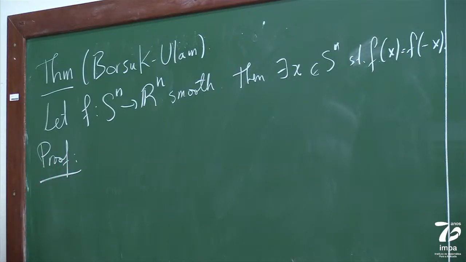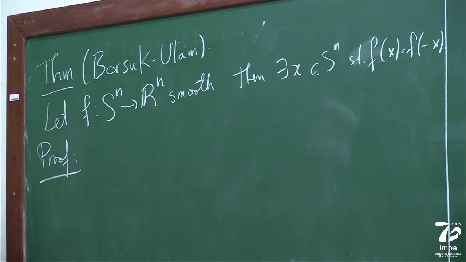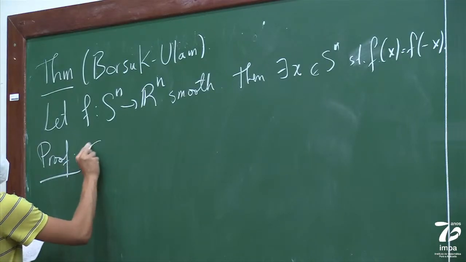Okay, so once you have a function like that, the whole point is to build an odd function that doesn't vanish. So, suppose not.